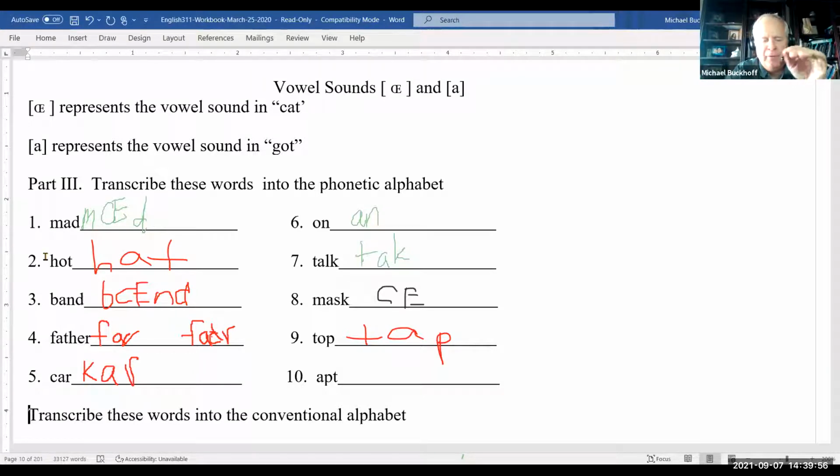Apt. Somebody do that one. Finish the word mask. Okay, so with the vowel sounds, what's the really important part of the vocal tract? And it really influences vowel quality in 3 ways, depending on where it is. What am I talking about?